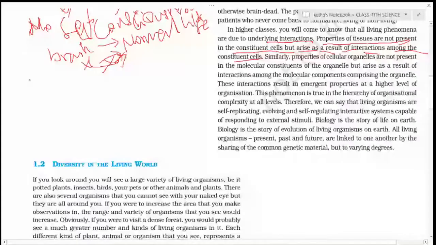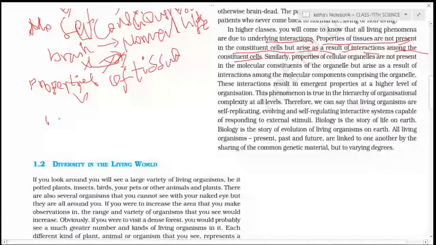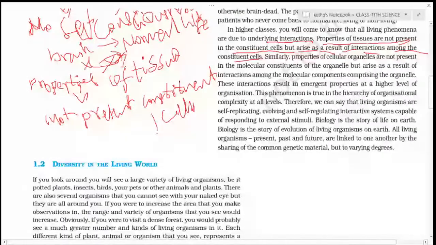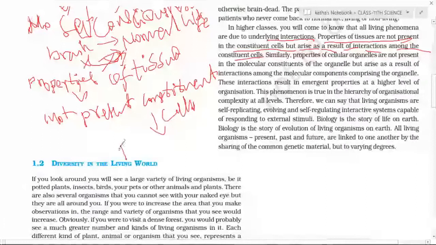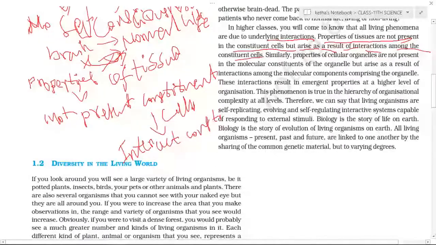So the properties of a tissue are not present in the constituent cells.